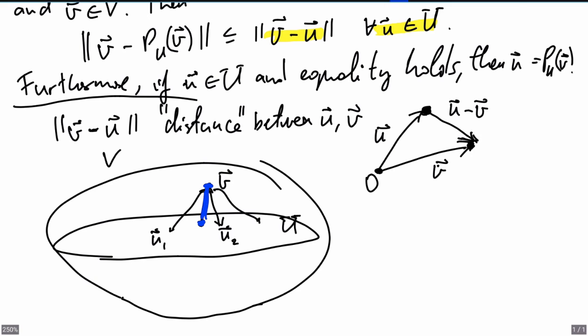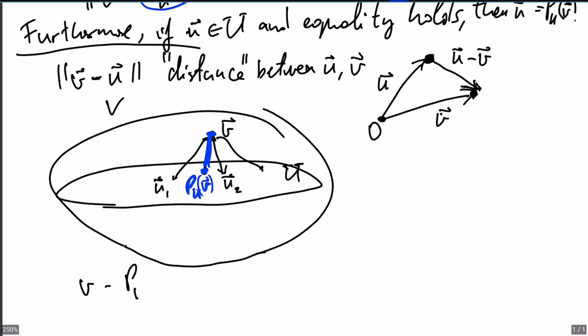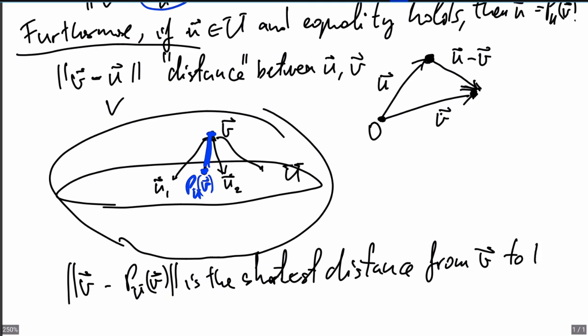The shortest distance is attained when we use the orthogonal projection of v onto the subspace U. So this gives us the minimum distance: the norm of v minus the orthogonal projection of v onto the subspace U is the shortest distance from v to the whole set U.